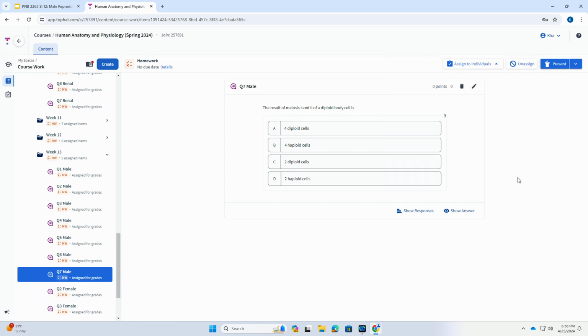The result of meiosis 1 and 2 of a diploid body cell is, and this is in general. Yes, 4 haploid cells. If I ask the result of oogenesis, you would say 1 haploid cell.